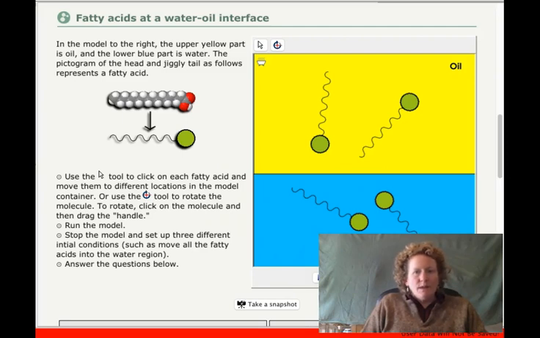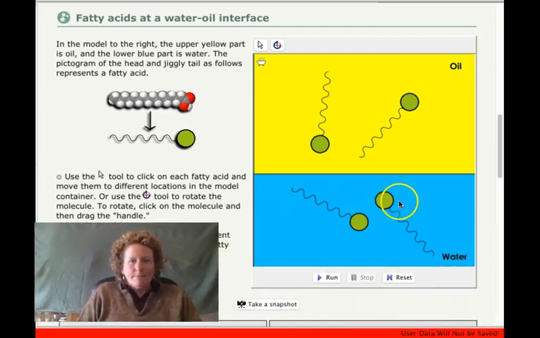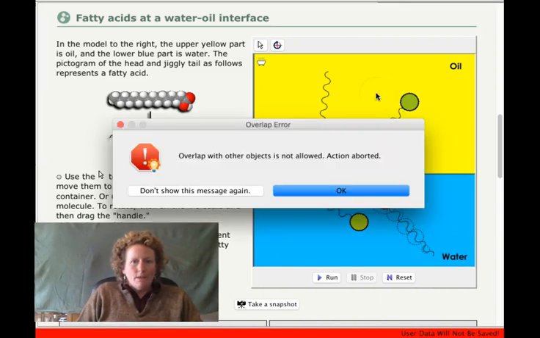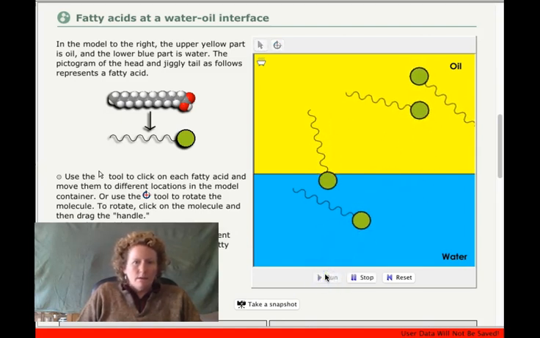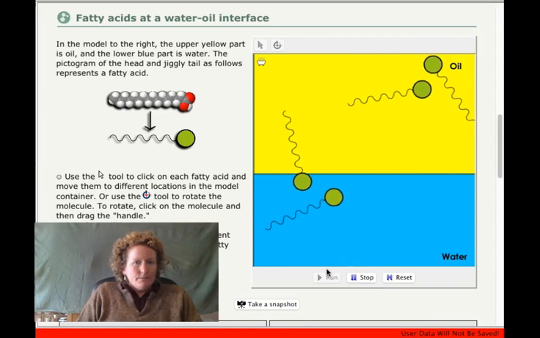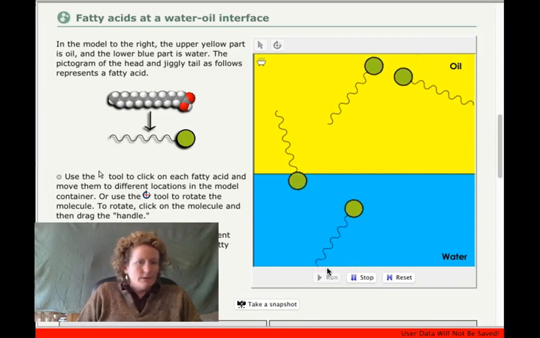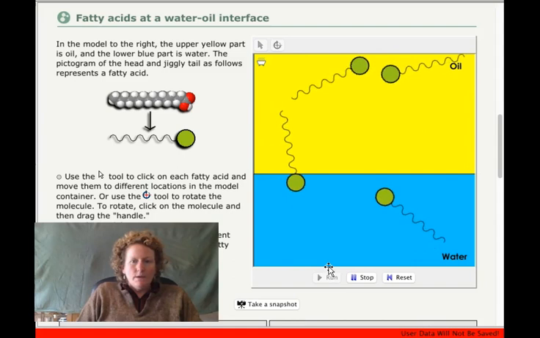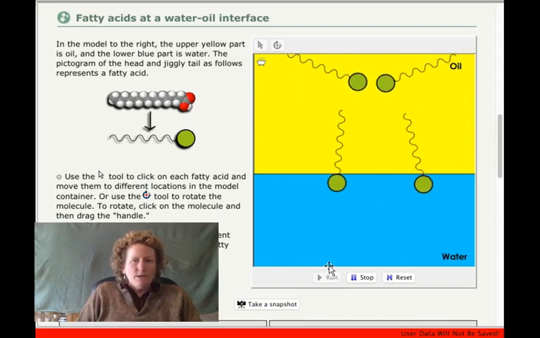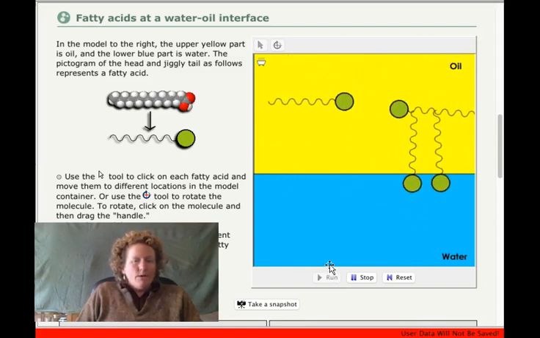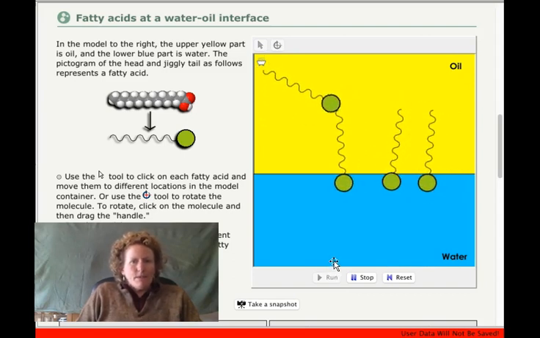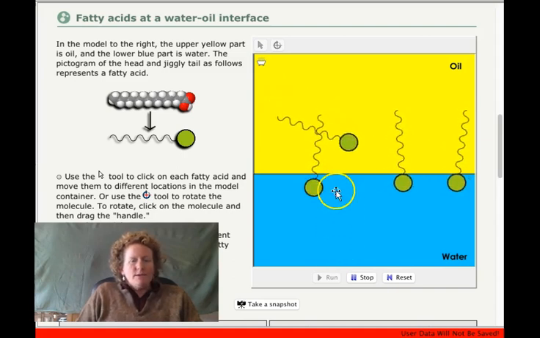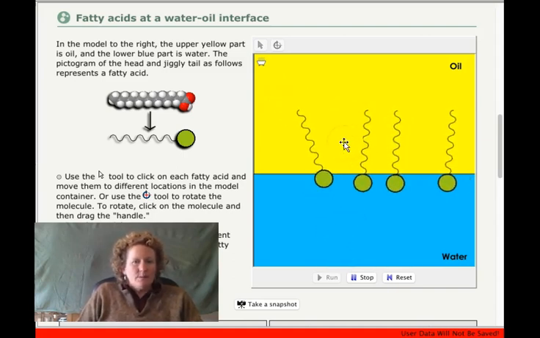So we're going to play with the fatty acids here a little bit. You're going to see over time what happens if we just let the model run. The head's going to end up in the water, and the tail's going to end up over in the oil.